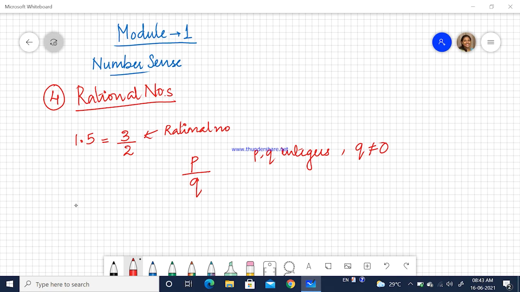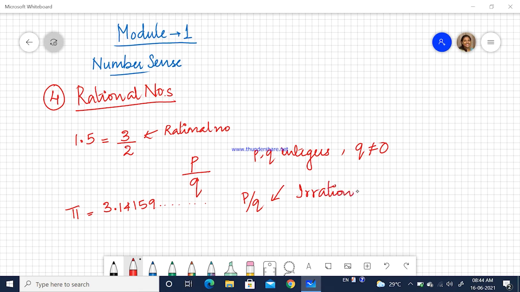Suppose I say pi. The value of pi is 3.14159 and so on. It continues, and we cannot represent pi in the form of p by q. Such numbers are irrational numbers.